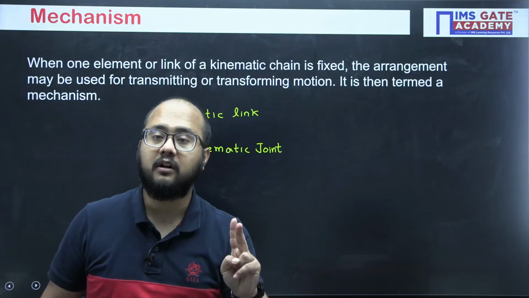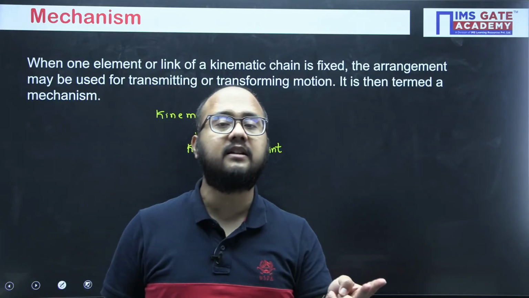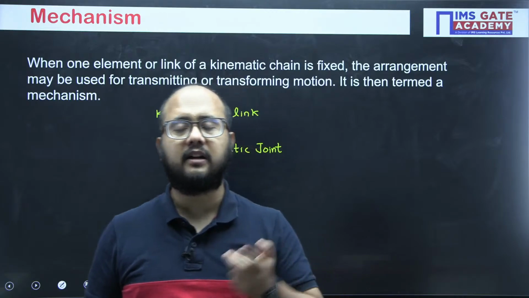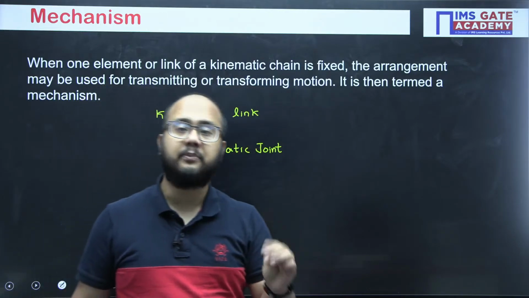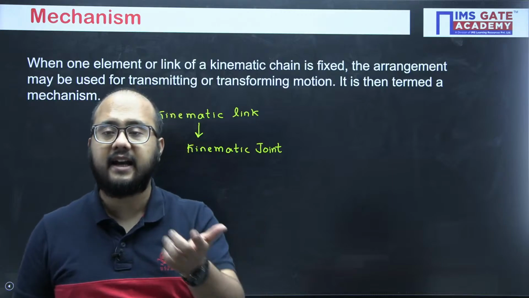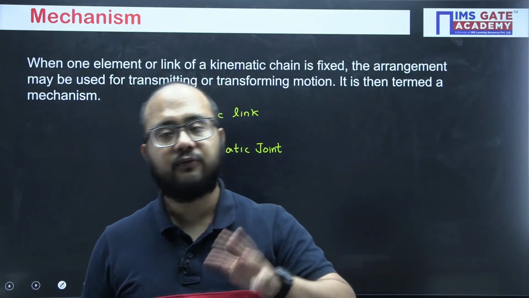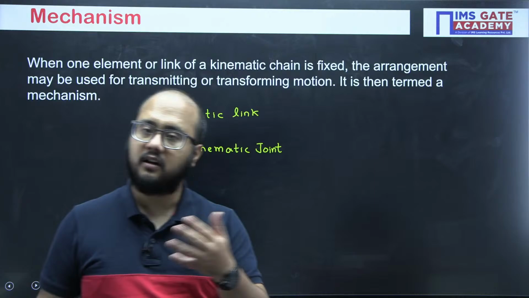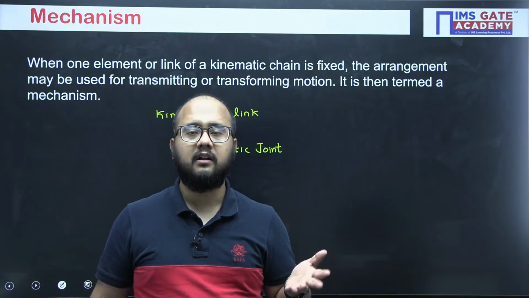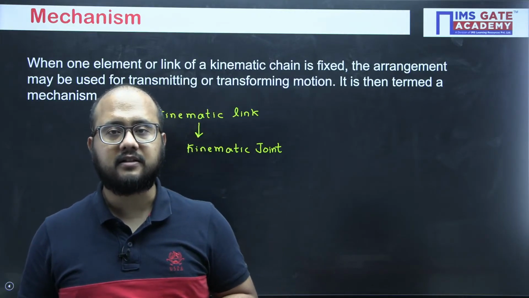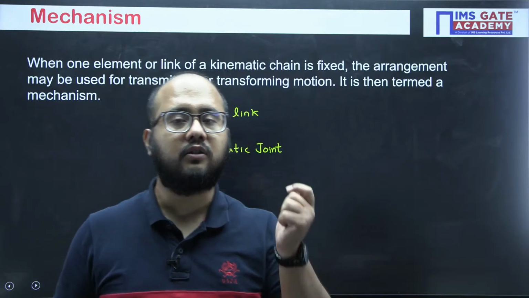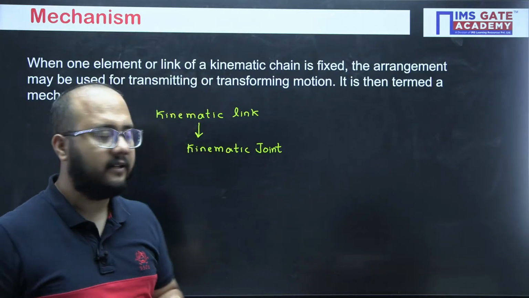Second, the nature of contact between the links: surface contact, point contact, line contact. Third, based on type of relative motion: turning, rotation, sliding, cylindrical pair, spherical pair, screw pair, different pairs we have discussed. And then based on type of closure, self-closed, force closed, like that.